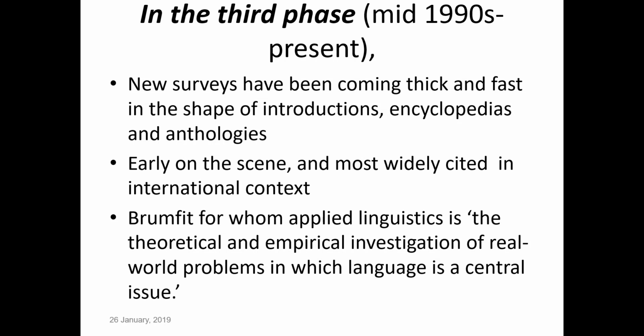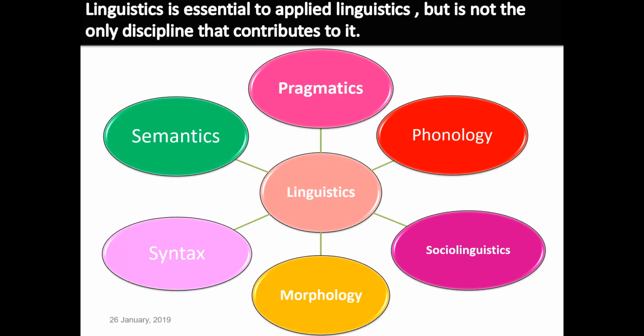New surveys became more thick introductions, encyclopedias, and anthologies were published. Early on the scene, most widely cited in international context, is Brumfit, for whom applied linguistics is the theoretical and empirical investigation of real-world problems in which language is a central issue. It means applied linguistics was widely used. Linguistics is essential to applied linguistics, but it is not the only discipline that contributes to it.